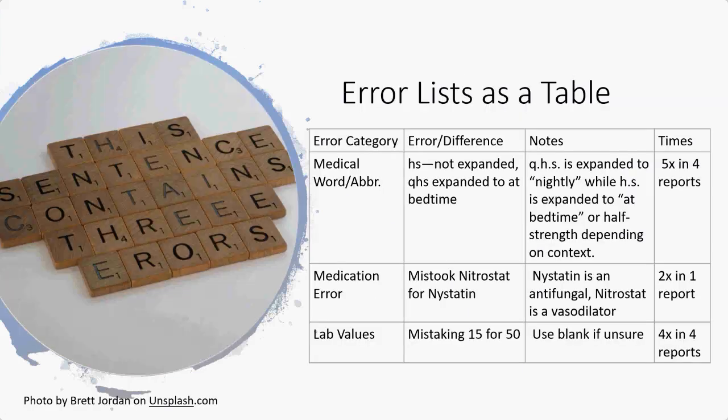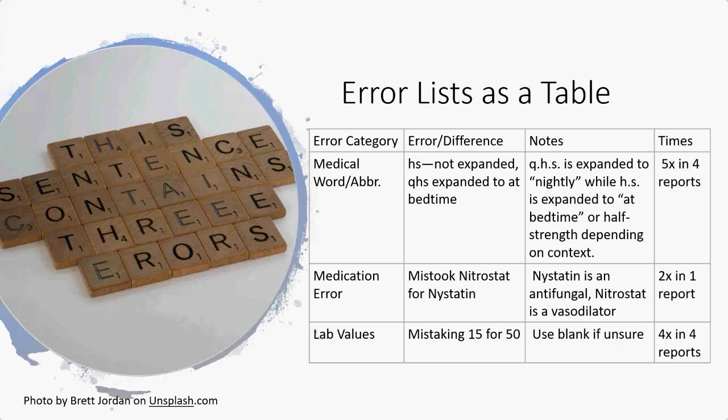So I like tables because I'm that type of person. When breaking down errors, I like to use 3 different tables for critical, major, and minor, and I like to organize them by type. So I like to have a column with the error or difference that's in there. I like to put in some notes on how I can fix these errors and what the correct answer might be.